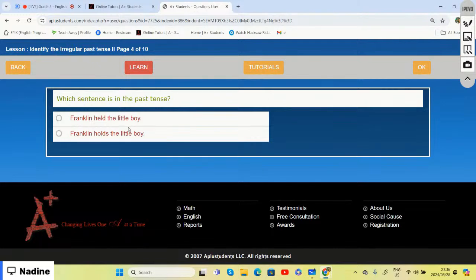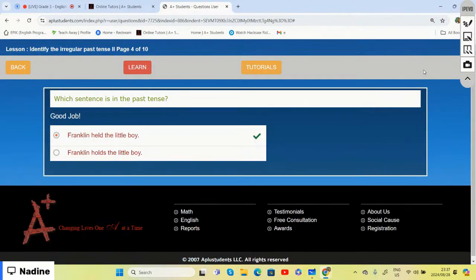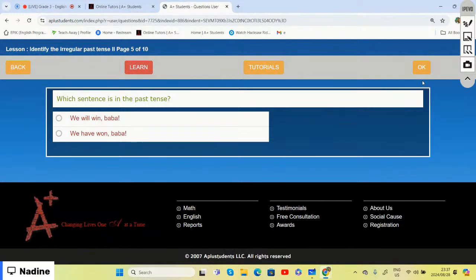All right. And now, if we must say which one is in the past tense, then we can say Franklin held, because held is the past tense of hold. He held our little boy. Yes, and held is correct.